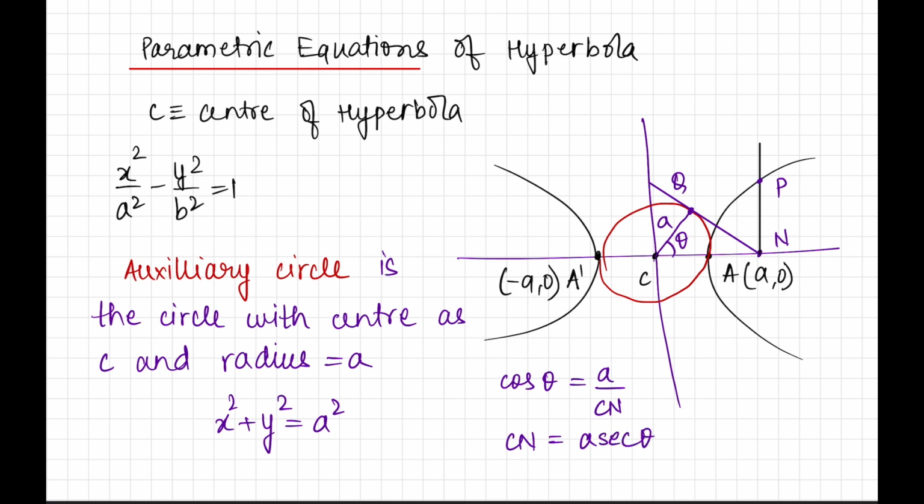And therefore, the point P will have coordinates, let us say, (a sec theta, k). Now, P and N will have the same x coordinate, and that is why we have taken the coordinates of point P in this manner.